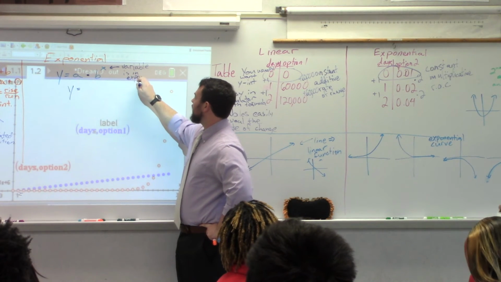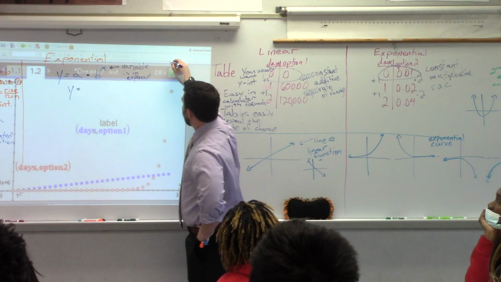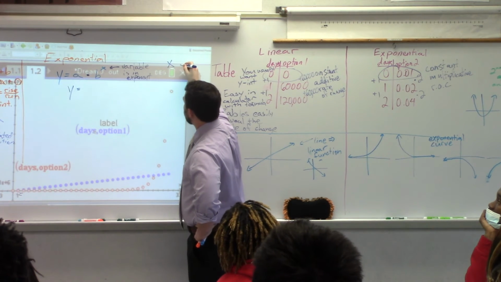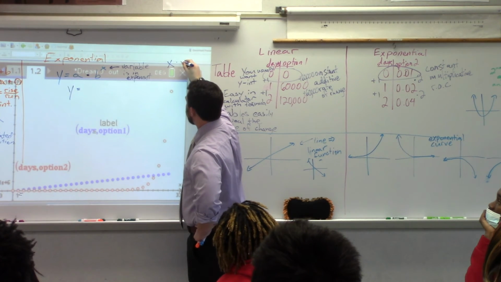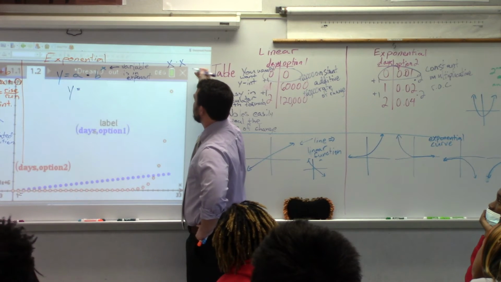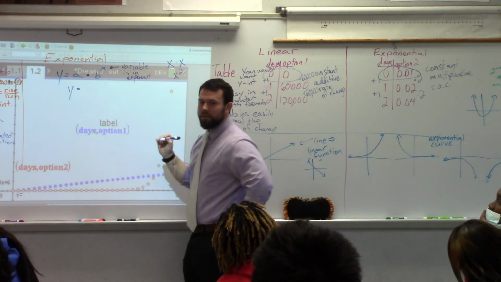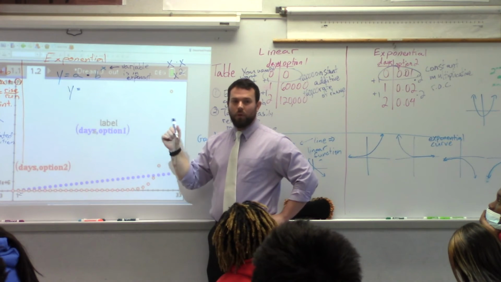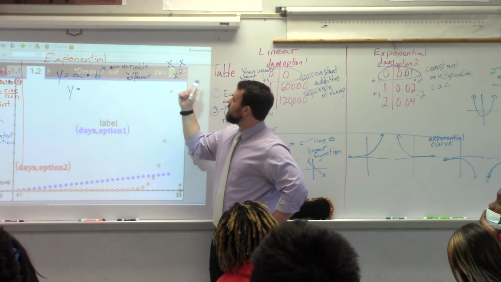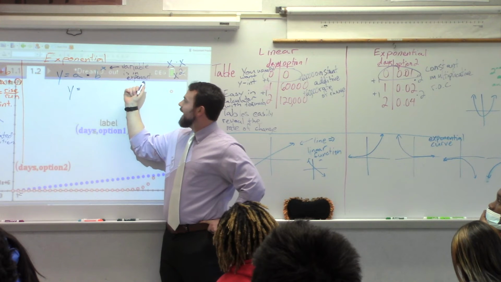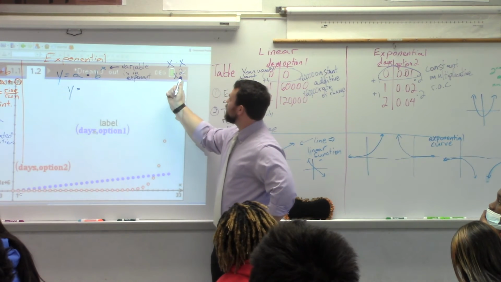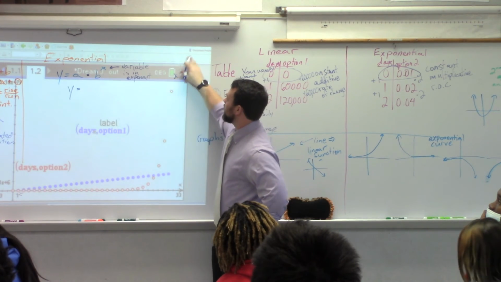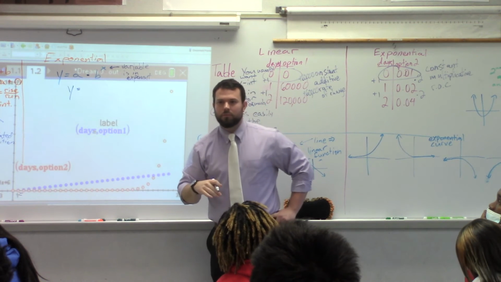Typically, when we're dealing with area, we have an unknown length times, and I'm just going to say x again for an unknown width. Notice that's going to give me x squared. Does that make sense? So it's important to notice where the variable is. If the variable is in the exponent, it's exponential. But if it's x squared, that's something else. Make sense? Okay, we're good with that.